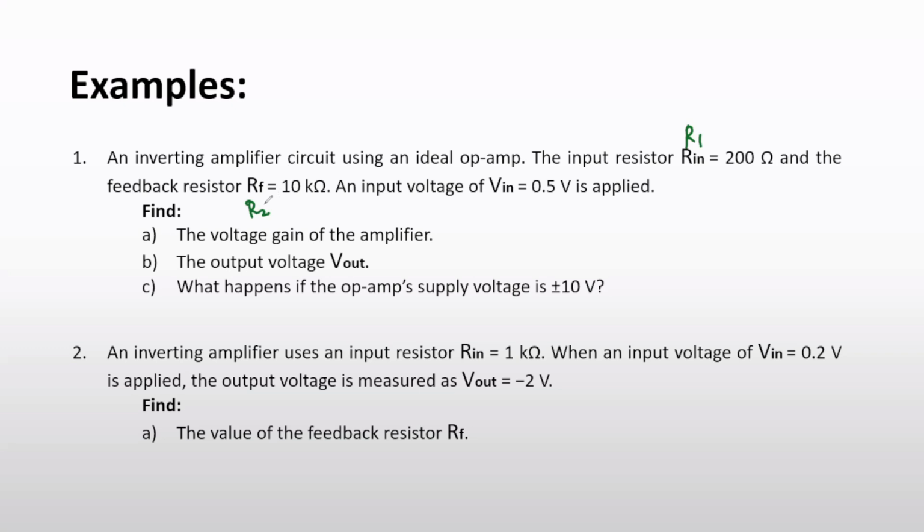It's better to understand this with RF and Rin, because in some cases R1 and R2 can be given in other directions, but you should know about the feedback resistor and the input resistor. Okay, try the first example.